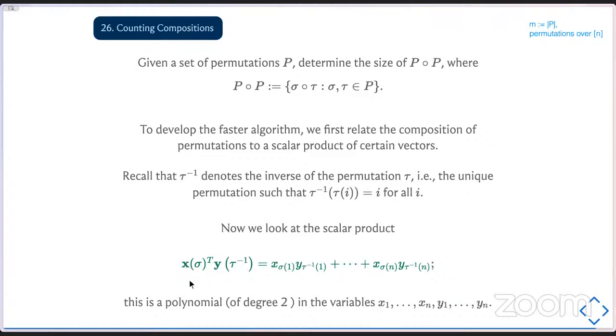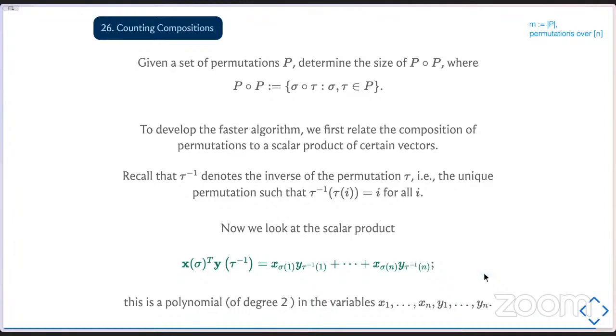And what we would be interested in is this particular product: x sigma transpose multiplied by y tau inverse. Sigma and tau are not the same permutation in general, and that's going to be relevant in just a bit. But hopefully notationally it's clear that when you take the product of these two vectors, what you end up with is a multivariate polynomial.